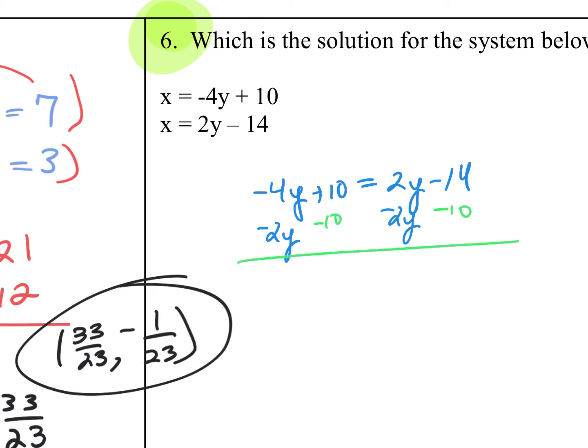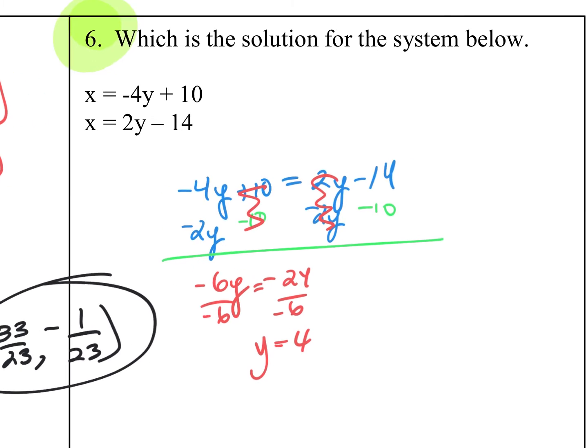Everybody agree with me? I did 2 things in one step. Negative 4 and negative 2 gives me negative 6y. 10's cancel. 2's cancel. Negative 14 and negative 10 give me negative 24. Right? Divide by negative 6. And y equals 4. Now that I know that y equals 4, how do I find out what x equals?